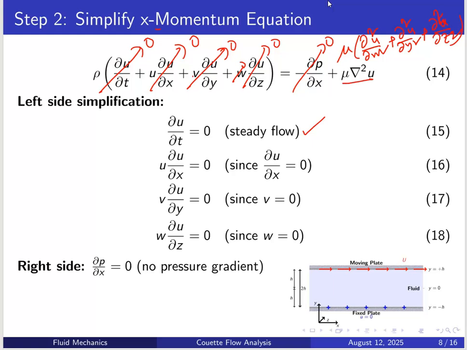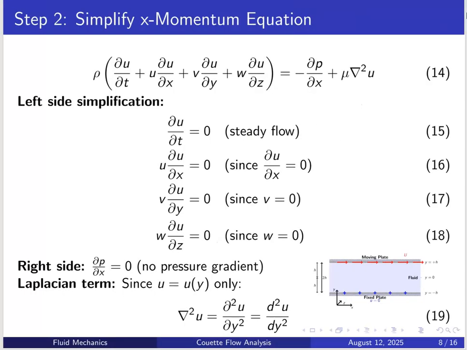Now here u is a function of y only, so this term will be 0 and this term will be 0. Only this term will remain. Everything else is 0, so only this term will be there.